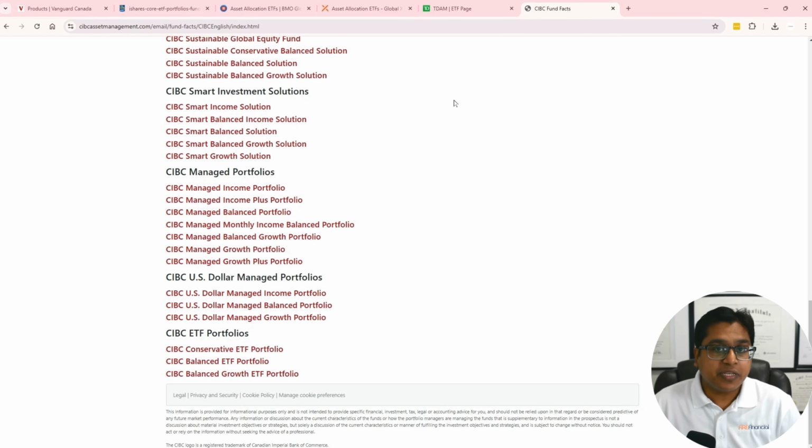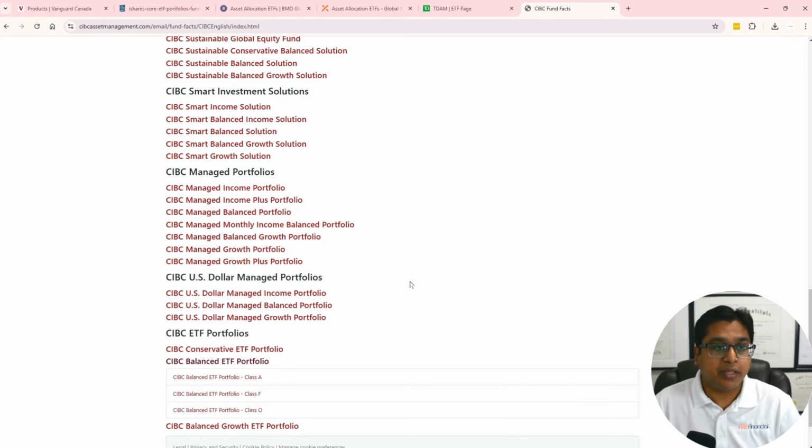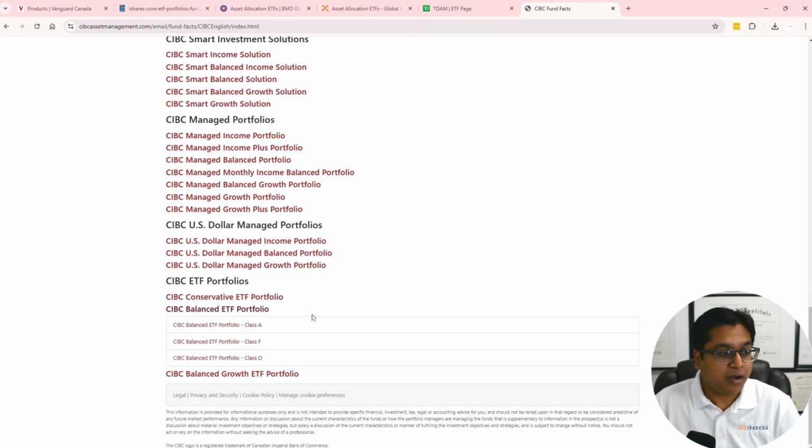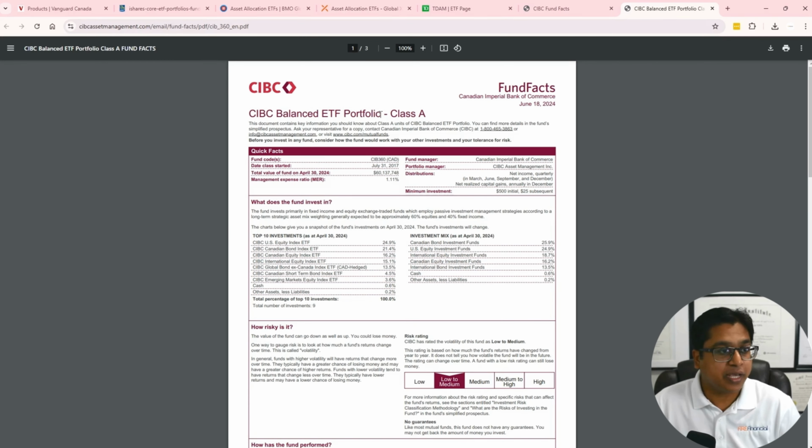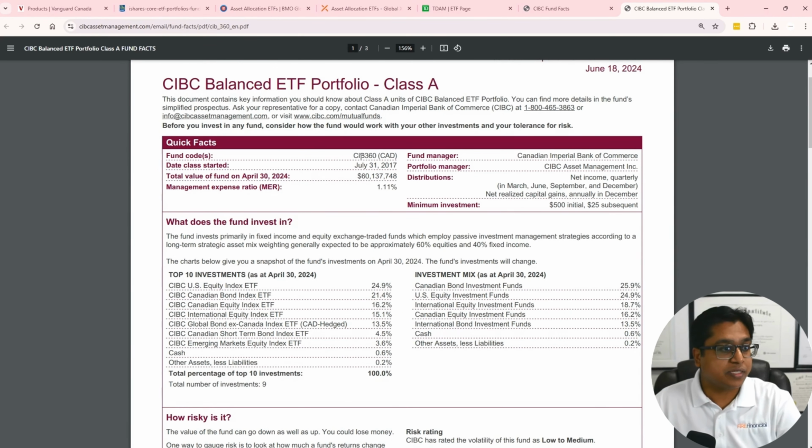Now, CIBC also has some ETF products, but I'm not sure how they trade on the market. I was able to find this ticker on my brokerage account, but I don't know the difference because this looks a little bit different than the other ones we have looked at so far. These ETFs have very similar features to a mutual fund, and I can see the fund code for these ETFs.